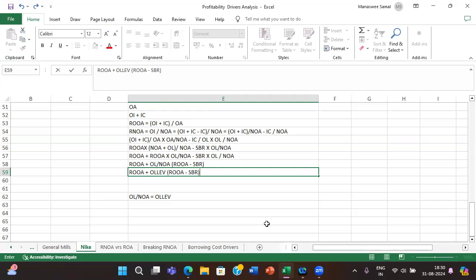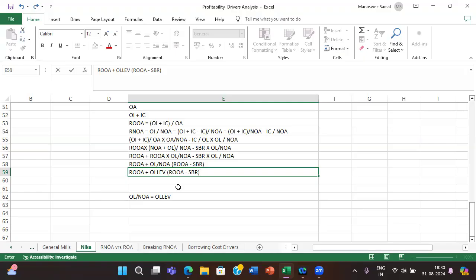The name of this spread is operating liability spread, RUA minus SBR. So this equation is finally trying to show you how the presence of operating liability is able to lubricate, or let us say leverage, your profit.